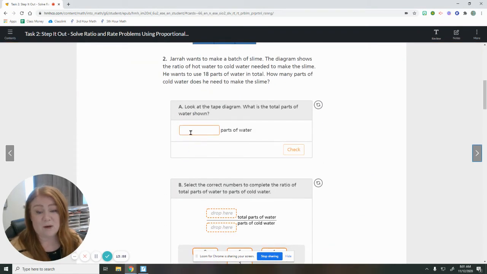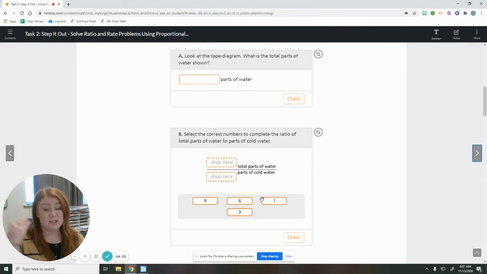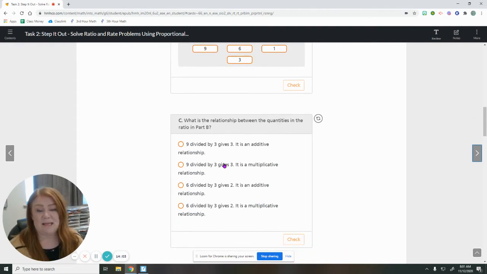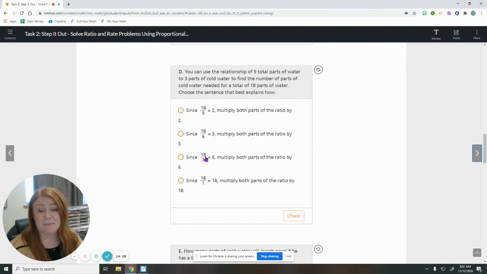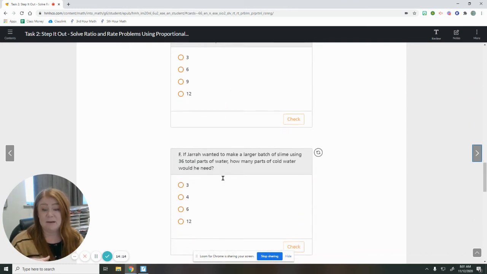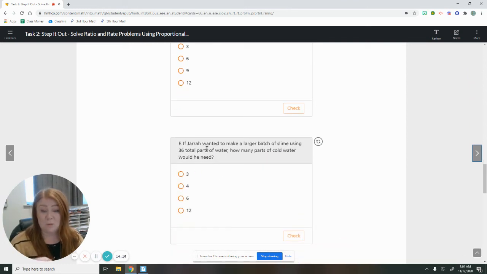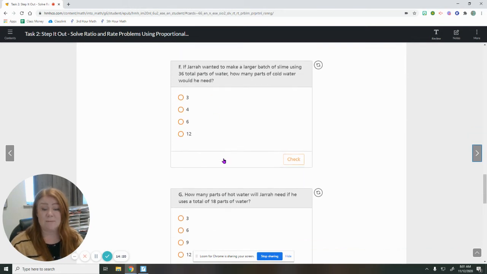So we need to know the total parts of water, and then we're matching up total to cold, just like we did. And then you're telling me what you notice about that relationship there. And then it wants to know cold water to 18. Now we want total water to cold water for 36 total.